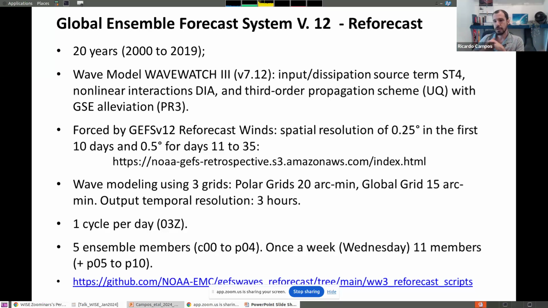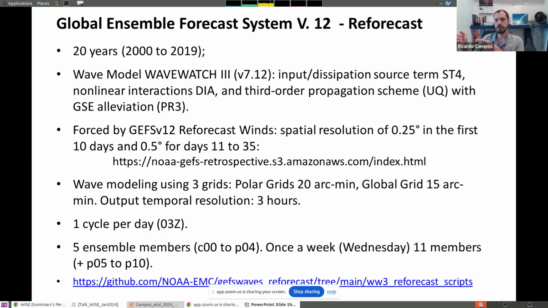So it's using the same grids and tuning as the currently operational GEFS v12. There are 2 polar grids and 1 global grid in the mosaic. And the output is in a 1/4 degree resolution.